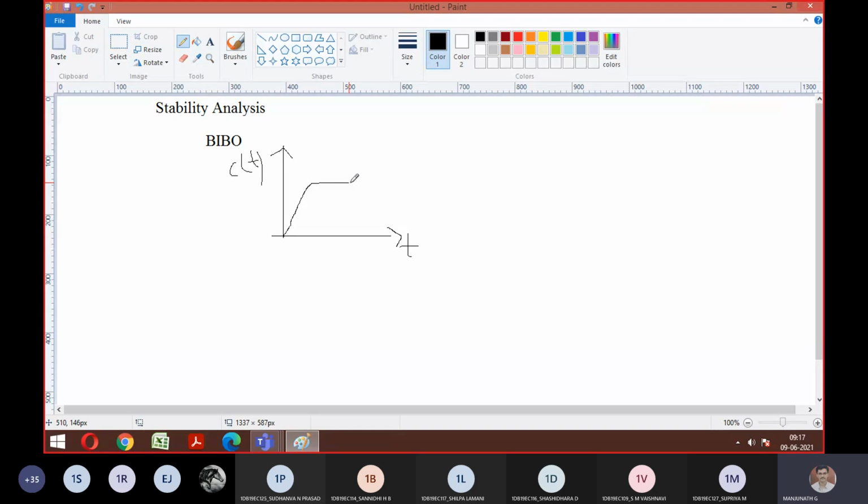The time from which it becomes constant, we are going to call stabilized, or stability. So we need to analyze such kinds of signals, and what variations will happen to my system if it is varying.